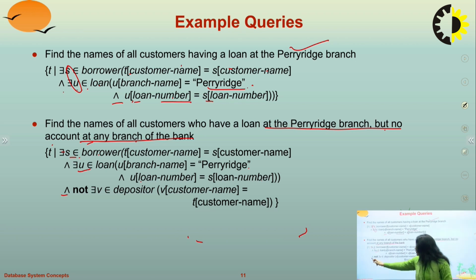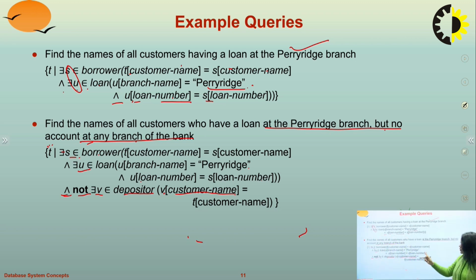So we'll write: and not there exists V in depositor, V customer name is equal to T customer name. We are making the relationship with the main tuple, right? Because we were finding out the information, we are describing the information for this only.